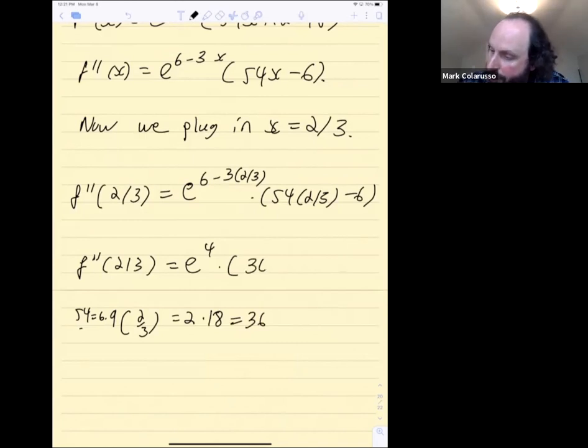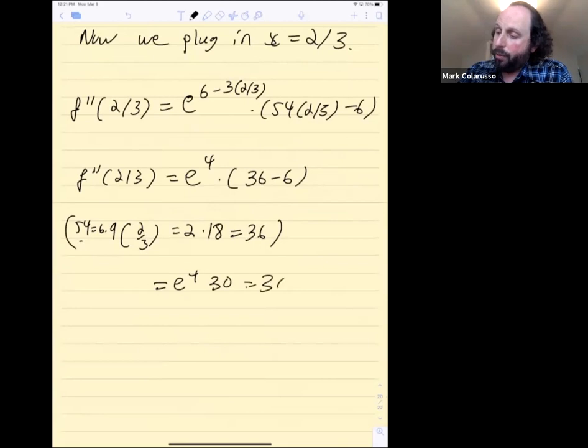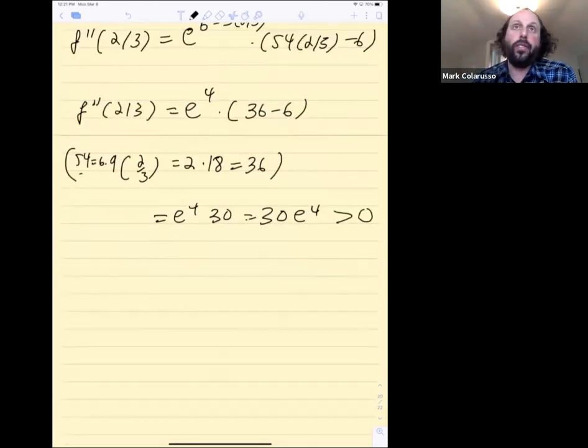So this is 36 minus 6, and this is e to the 4 times 30. So 30 e to the 4, which, remember, e to the 4 is always positive. So this is positive, and that's what's important.